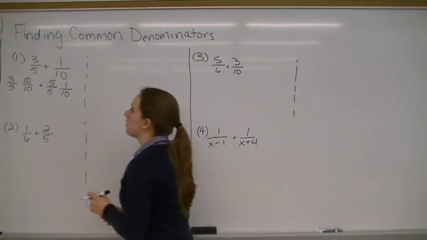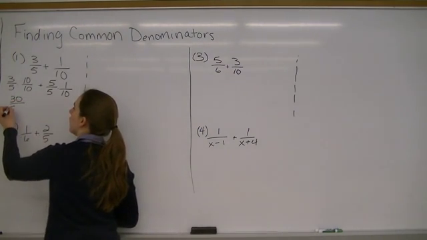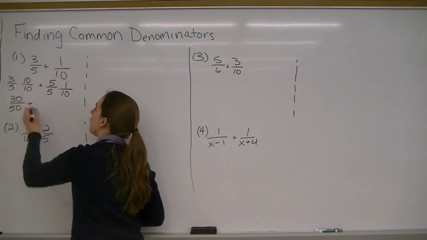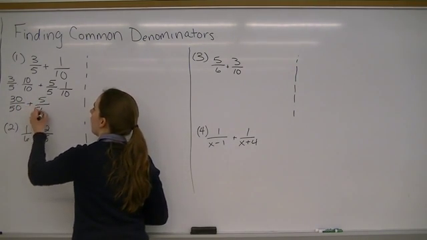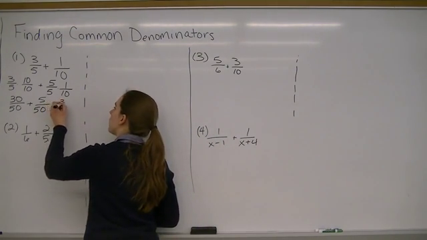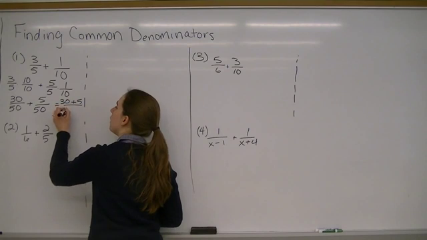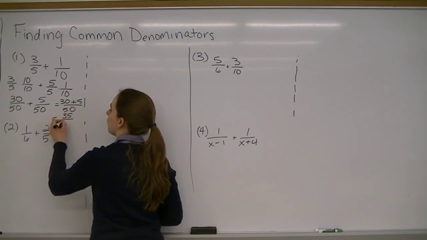So now I have to multiply across, so 3 times 10 is 30, 5 times 10 is 50, and then 5 times 1 is 5, 5 times 10 is 50 again. So I can add right across the top, 30 plus 5 over 50, and that's going to be 35 over 50.